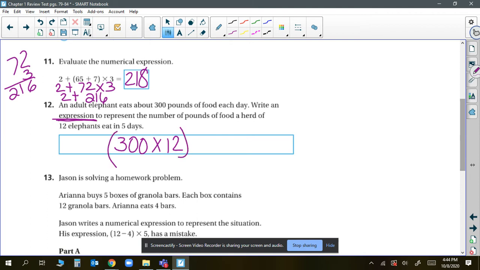And then they want to know how much in 5 days. So then you multiply that answer by 5. Now, did anyone do this? If you did, that's also correct too, because you can have it either way as long as your 300 and your 12 are in parentheses.